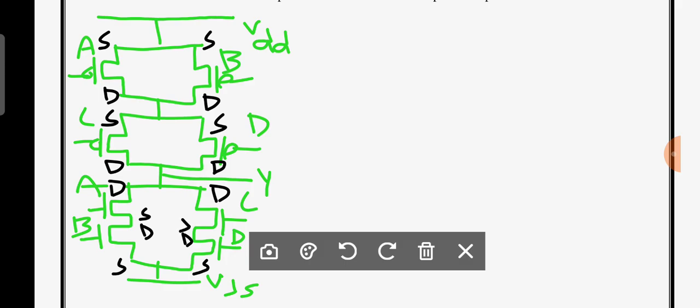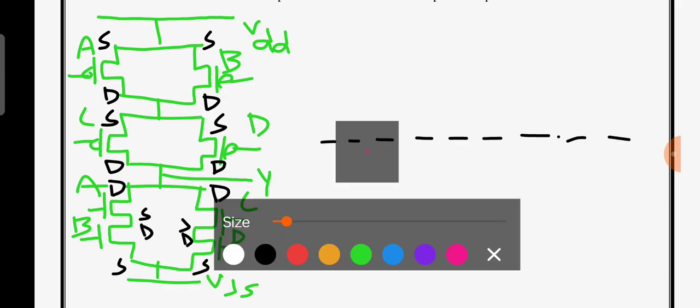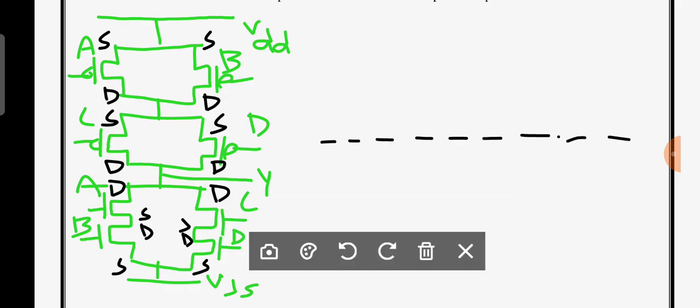Now observe very carefully how to design a stick diagram. That is a very important point. This is the demarcation line. Now I'm taking the polysilicon. How many polysilicons do we have to take? Anybody from the class? Absolutely, 4 polysilicons.